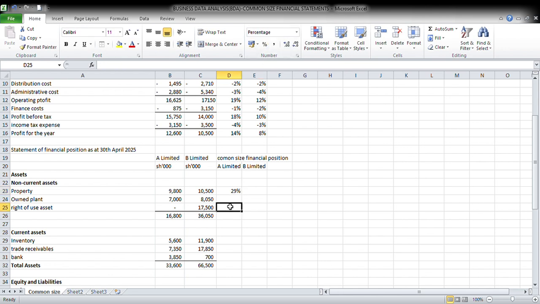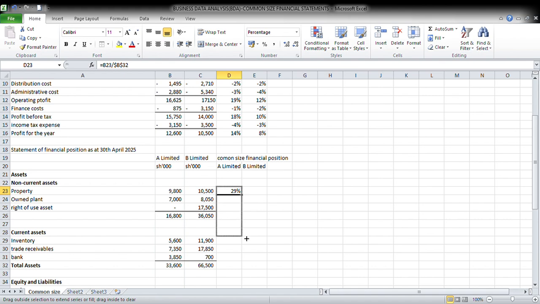So it's 29%, and then we lock that cell B. Then we can drag that one.